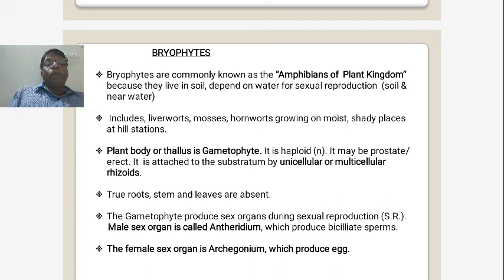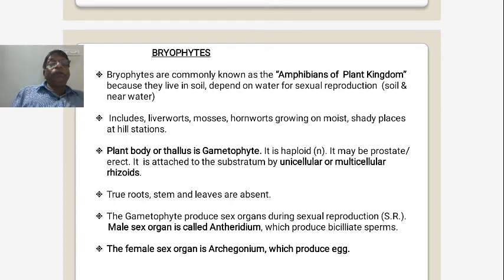Gametes producing plant body is called gametophyte. The gametophyte of bryophytes or the thallus is always haploid. Haploid means consists of only one set of chromosomes. Normally, in case of man, chromosome number is 2n equals 46. In that, n means the haploid number, 23 only.